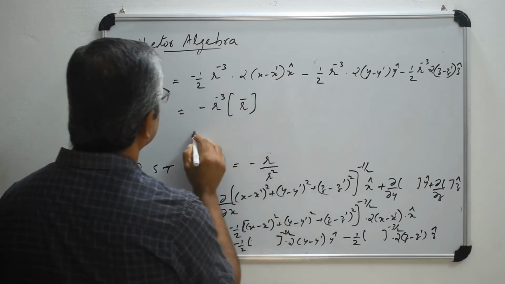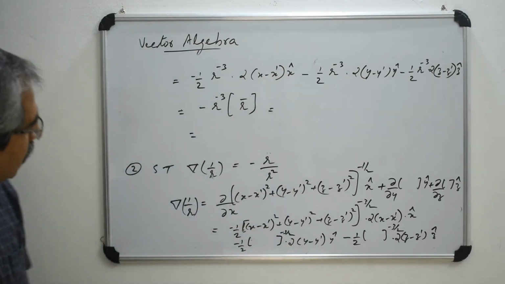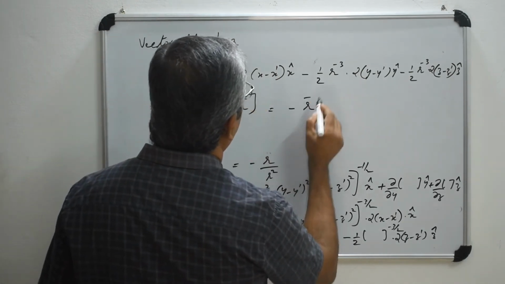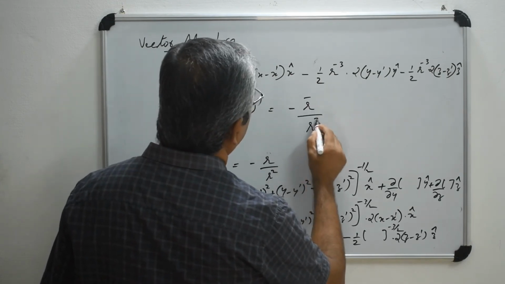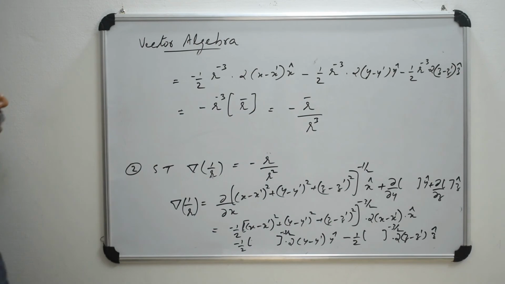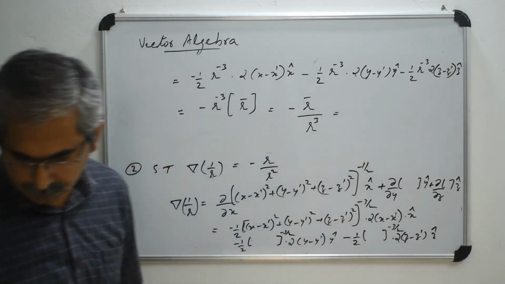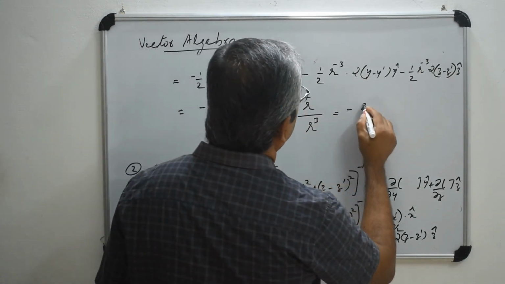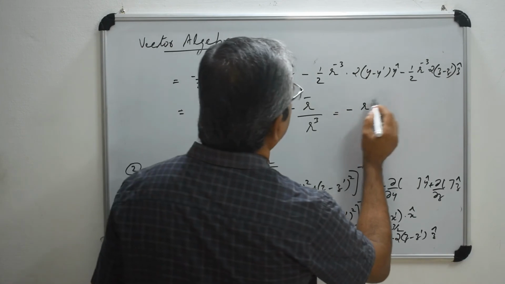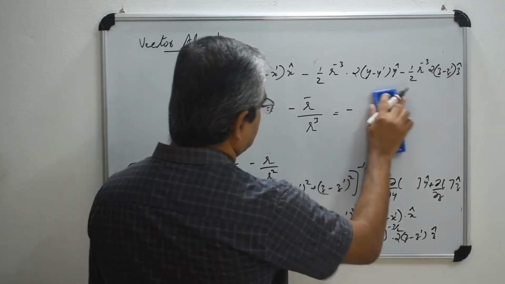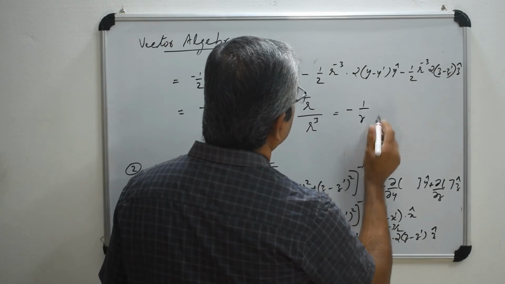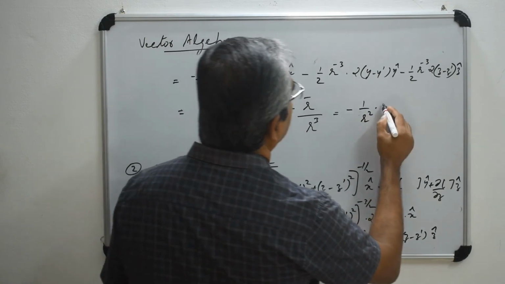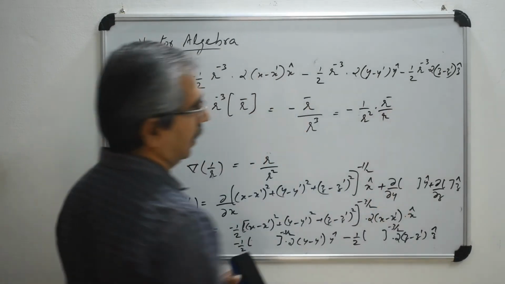Now that is equal to, how will you write? That is equal to minus of r bar divided by r cube modulus. Okay. Now what we have to prove is r cap by r square. You can write it as 1 by r square into r bar by r, isn't it?